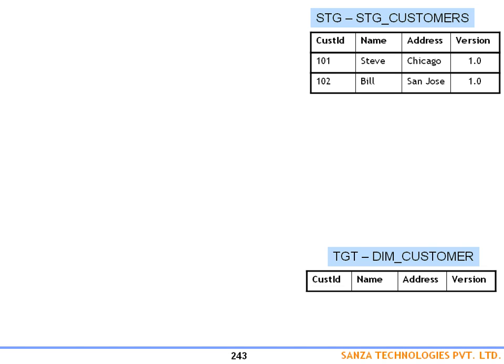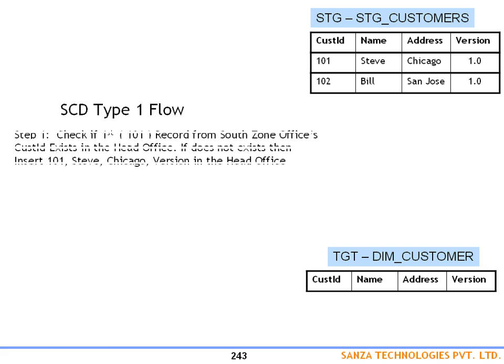If you recall in data warehouse concepts, we discussed SCD type 1. The requirement is, from STG customer, we are going to load data into the dimension customer table. We will check, is the 101 coming from my STG customer table? Does it exist in my target table?